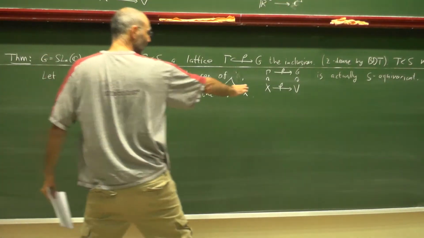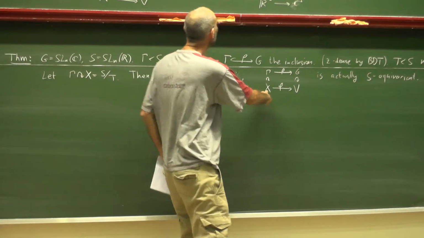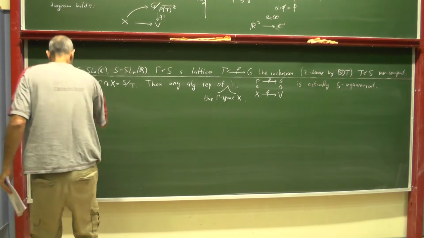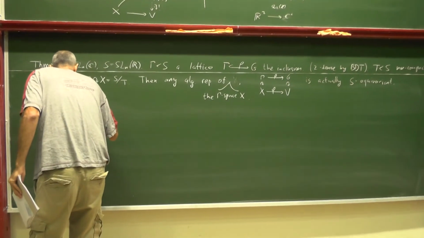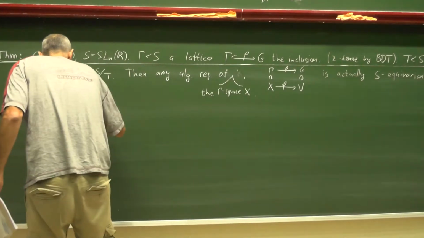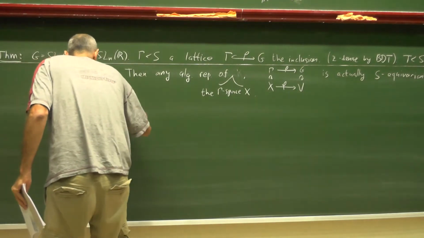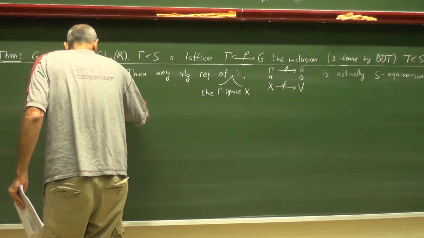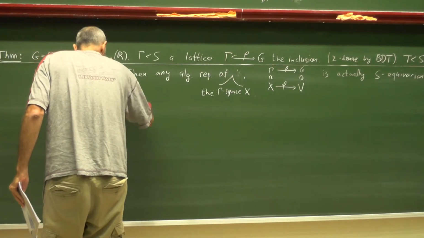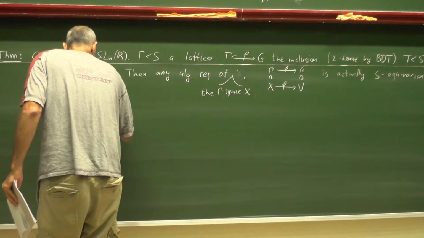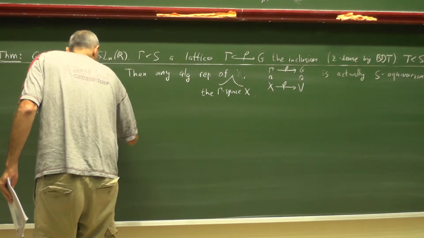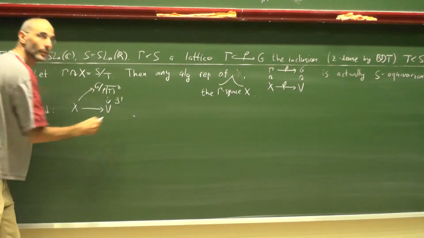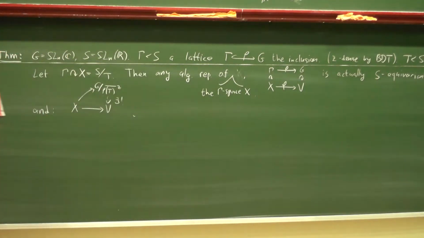And if this is S equivariant, then I can apply this exercise, and actually we have X goes to V here, and of course we have the map G to the Zariski closure of T here, and this last thing follows from the exercise, given that result.